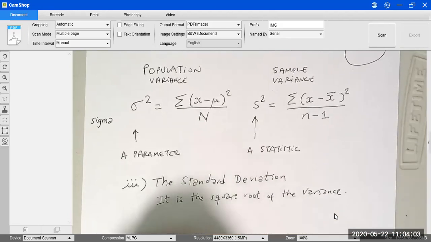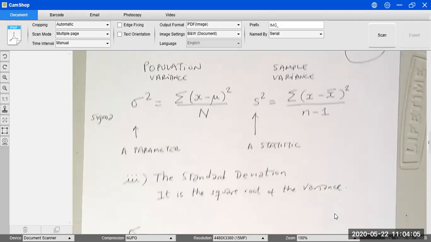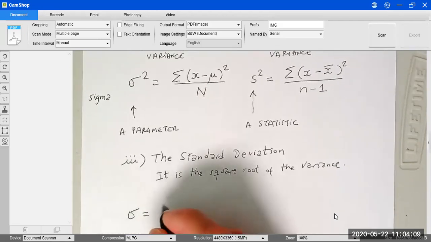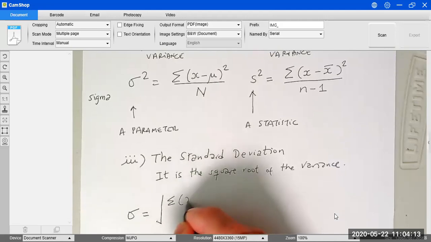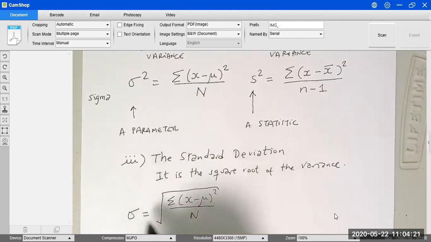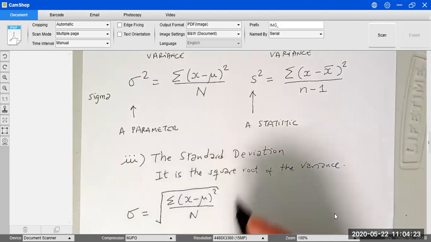For example, the standard deviation of the population is sigma, and it's the square root of the sum of x minus mu squared over N. Or if you already have the variance, you just take the square root of the variance.